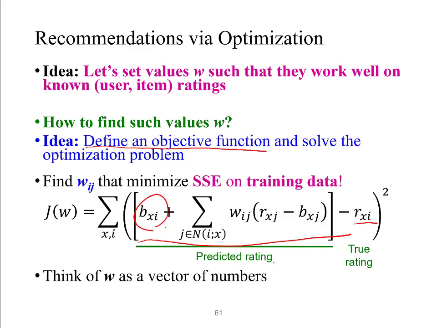So we have the baseline estimation, and we have the weighted sum of the deviations. So the only variable here is Wij. Here we think of W as a matrix of numbers, so it can model the relationship between item i and item j.